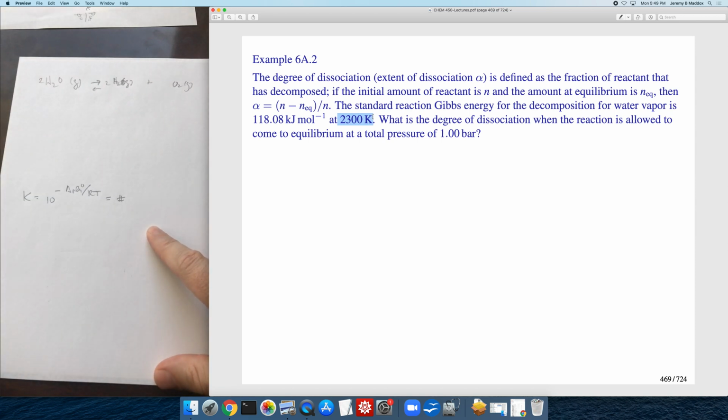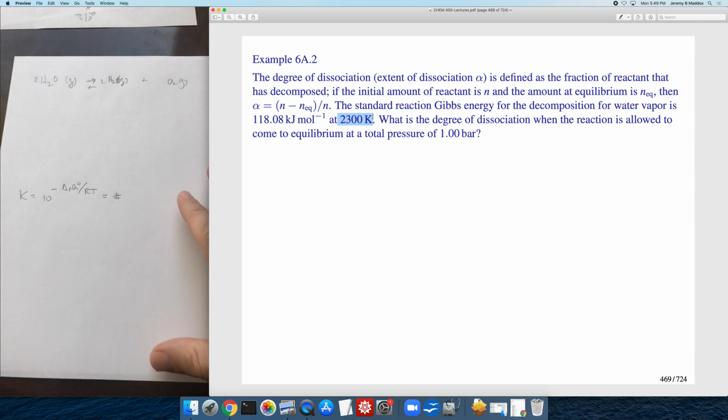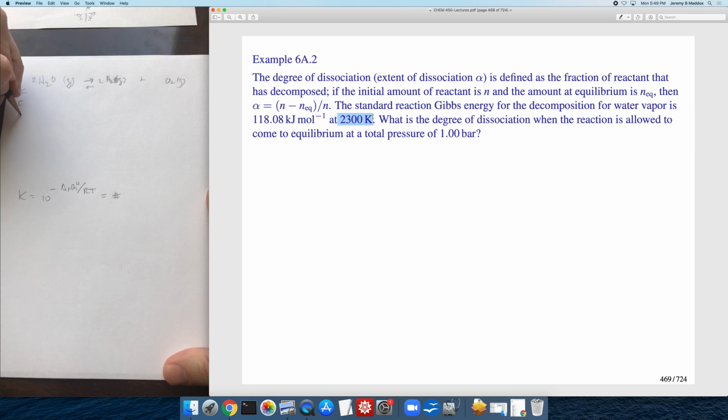Let's look at the ice table for this reaction, and we'll talk about the extent of dissociation, which they've defined in this problem. So we're going to imagine that we start off with some number of moles of water vapor. I'm going to follow the stoichiometry that they did in the book.